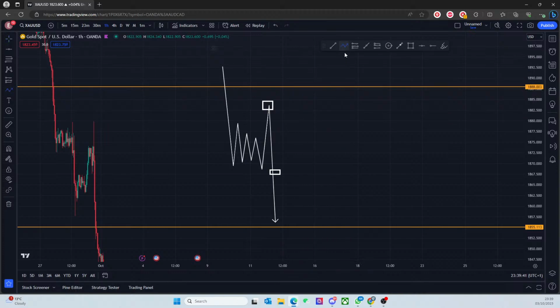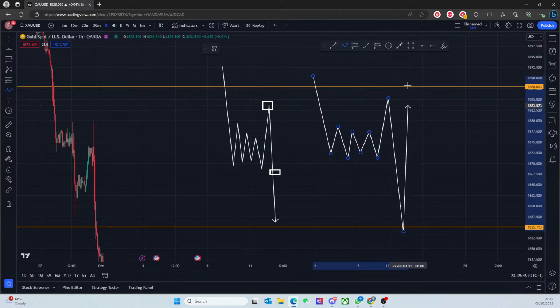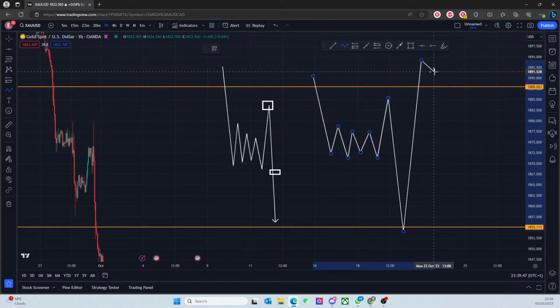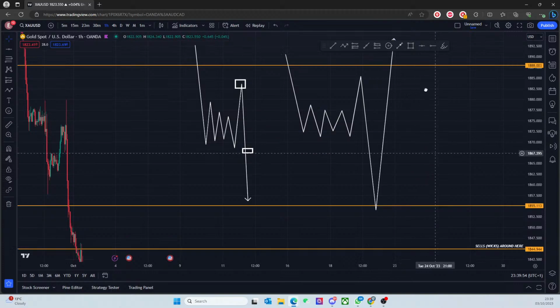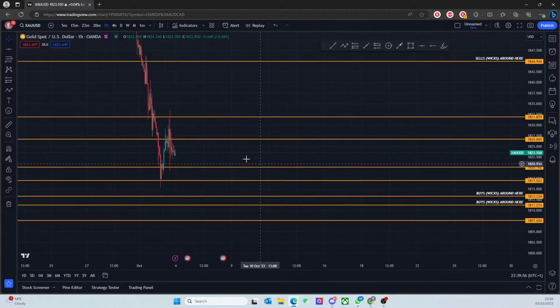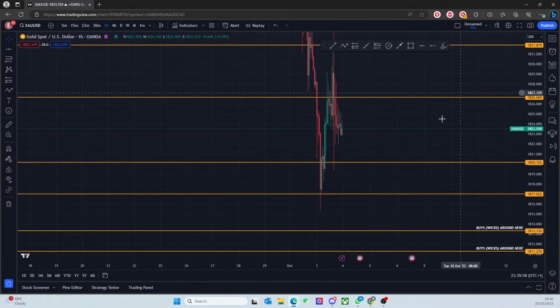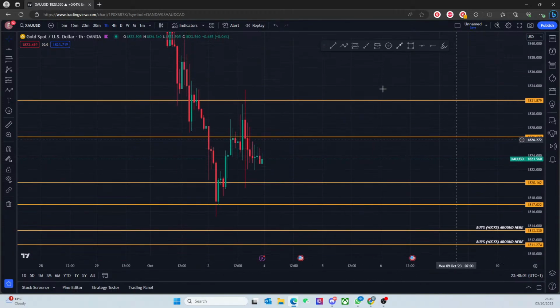So what you typically see is this, right? You do this, and if it wants to reverse, it'll do this. And this is exactly what we had today. If you look at this, price came down.